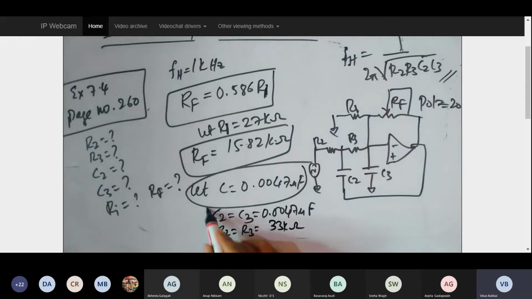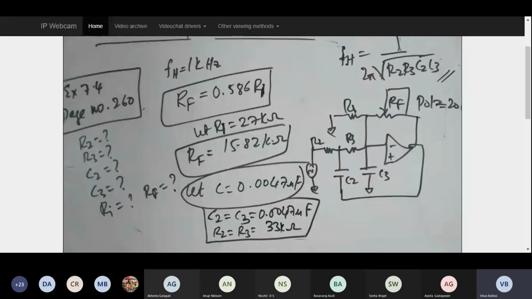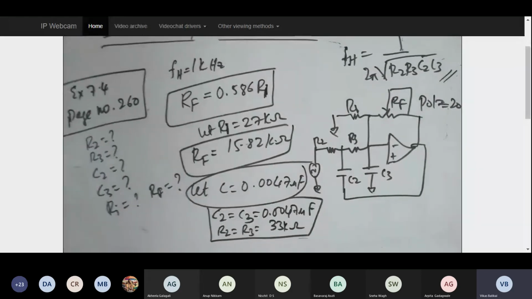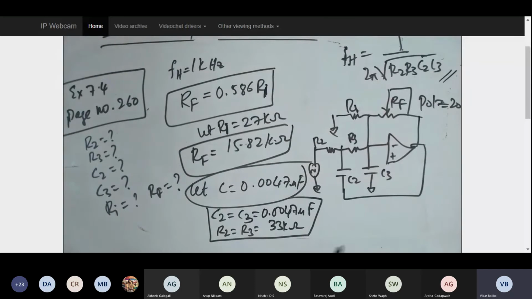In the examination, you will not be given a vague problem like this where you have to assume a lot of things. What I am doing here is just replicating whatever he has given. But in your examination, a lot of things will be given to you wherein the values will be specifically mentioned: C2, C3, R2, R3, all values mentioned. Right now, I am just showing you the way we have solved.